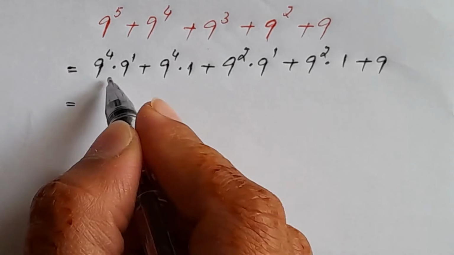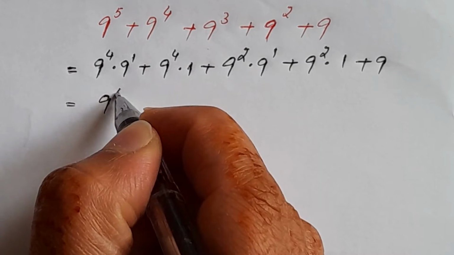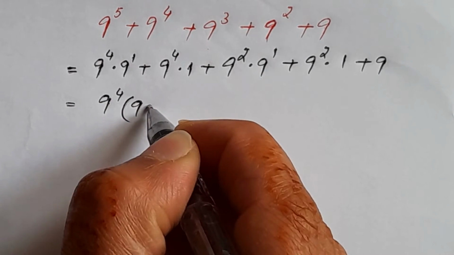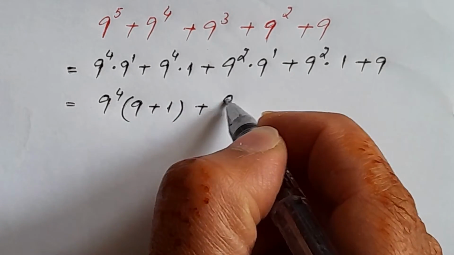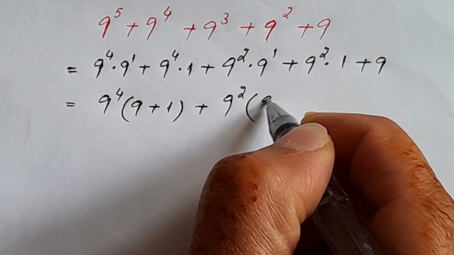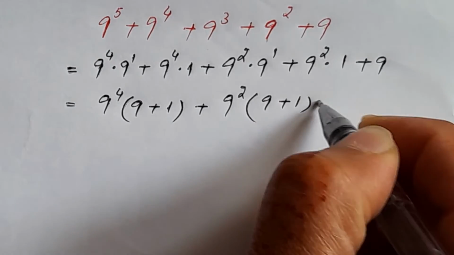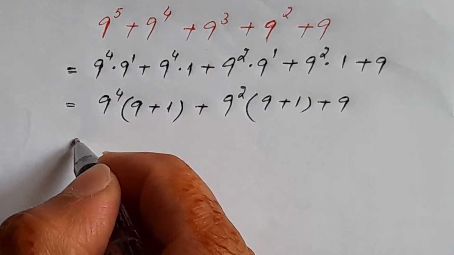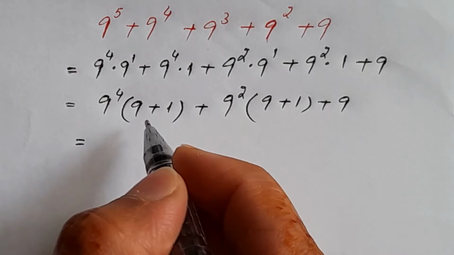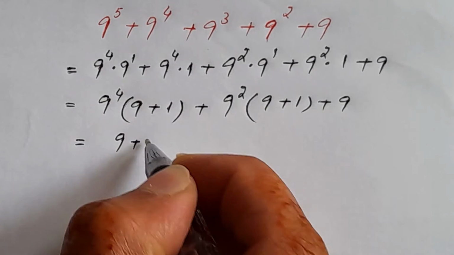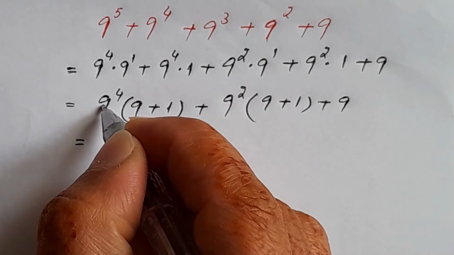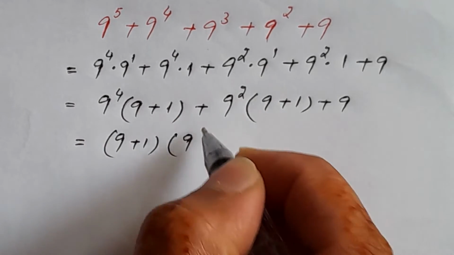From the first two terms we can factor out 9 to the power 4, and here we have 9 plus 1. Similarly, from here we can factor out 9 to the power 2, and inside the bracket we have 9 plus 1. We have one factor 9 plus 1, and the other factor 9 to the power 4 plus 9 to the power 2.